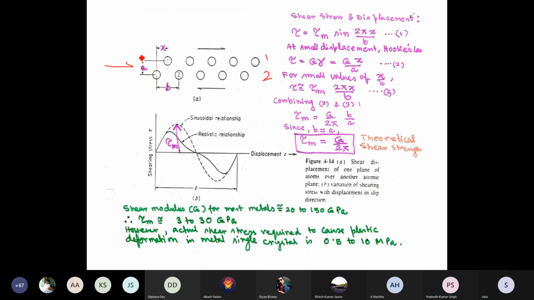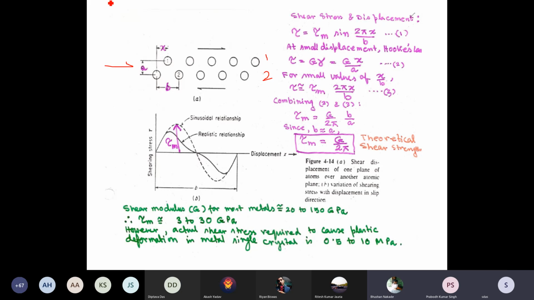So if I apply a shear stress tau, and tau m is the maximum shear stress, I get a relationship tau equals tau max sine 2 pi x by b. What type of relationship is this? Sinusoidal.